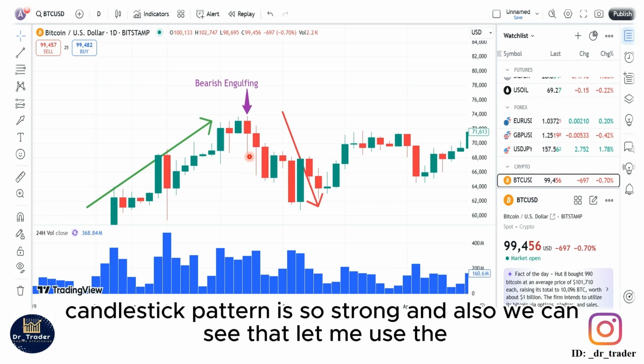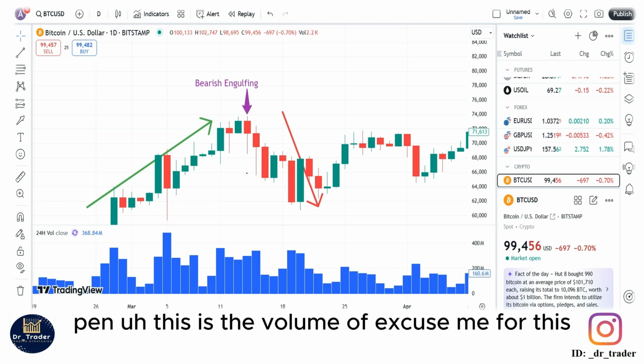And also we can see, let me use the pen. This is the volume of the red candlestick, excuse me for this mess.